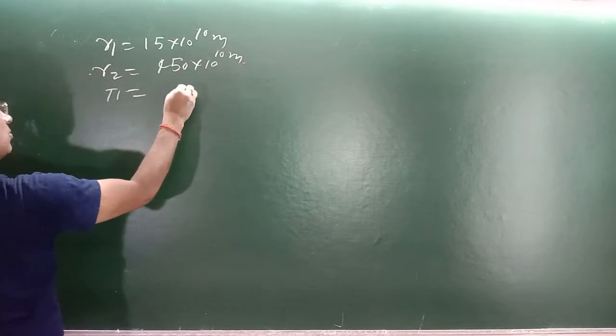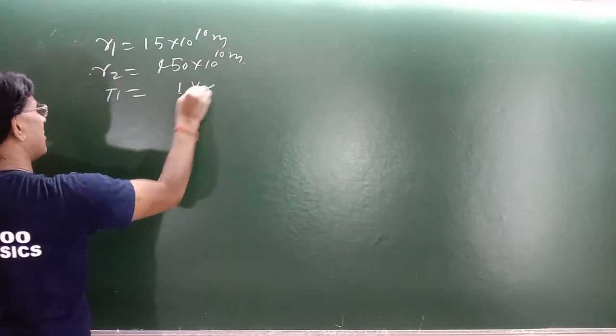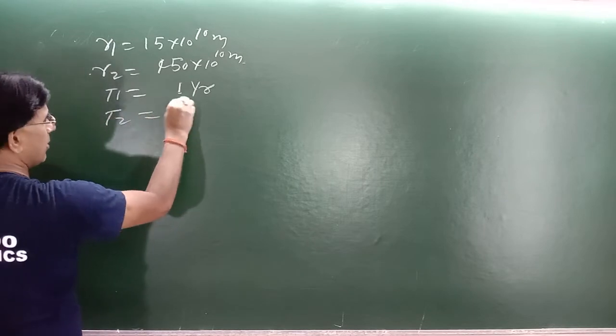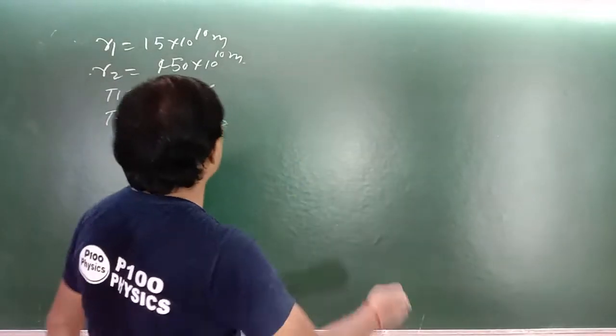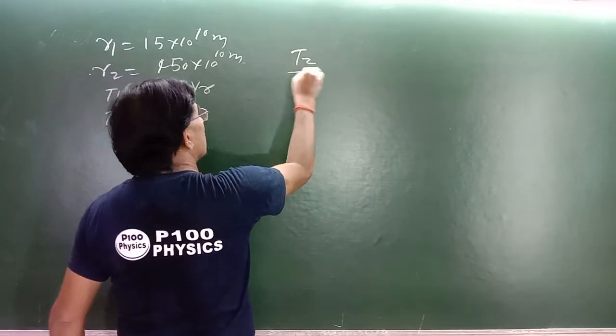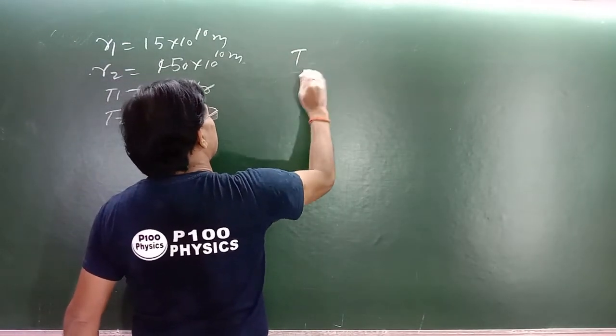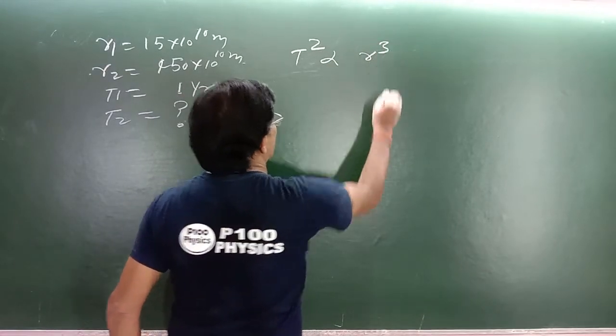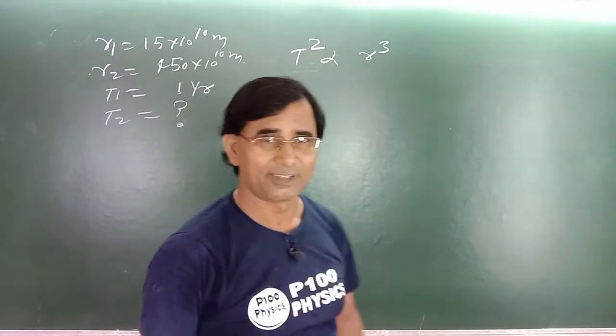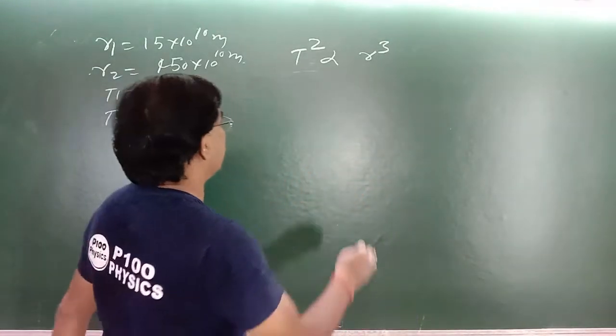T1 equals 1 year. You have to determine T2. You know that T square is proportional to R cube. This is Kepler's third law.